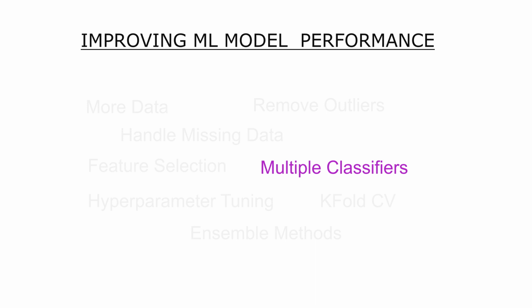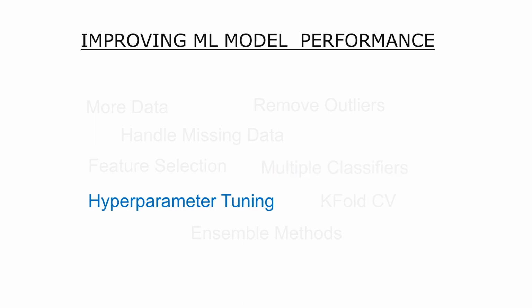When performing machine learning work, you can also consider using multiple classifiers and then select the best performing ones. In addition, we could have used hyperparameter tuning. This is where we tweak the parameters in the model and then we select the best performing ones. You can also use k-fold cross-validation.